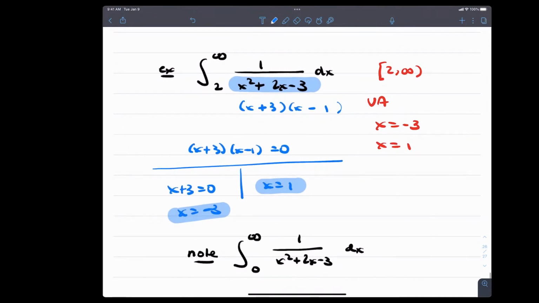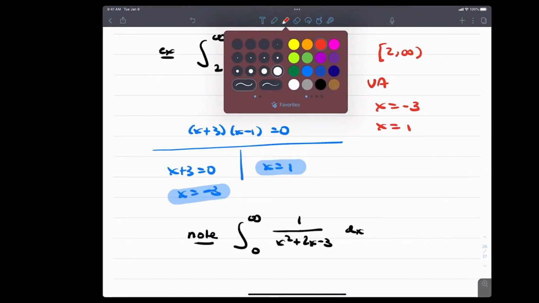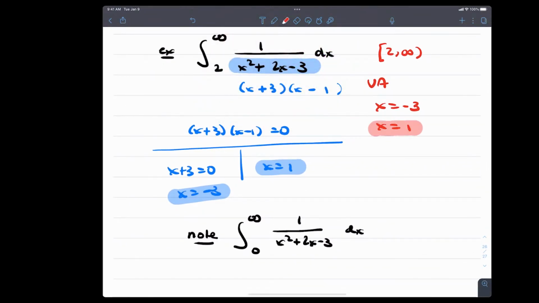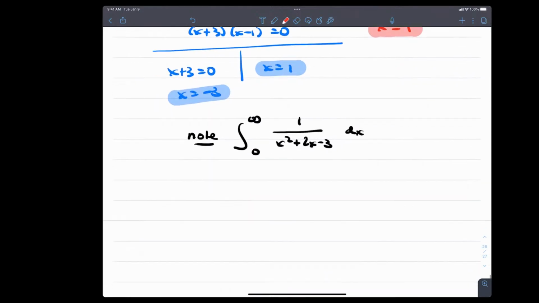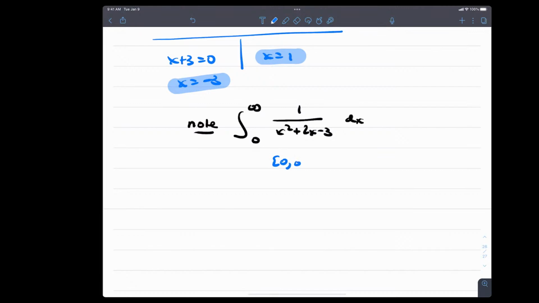All right, you guys see what I'm saying? It's not what they gave you. So if they change that interval on you, what do you do if your vertical asymptote happens at x is 1? Now you have a discontinuity over the interval.